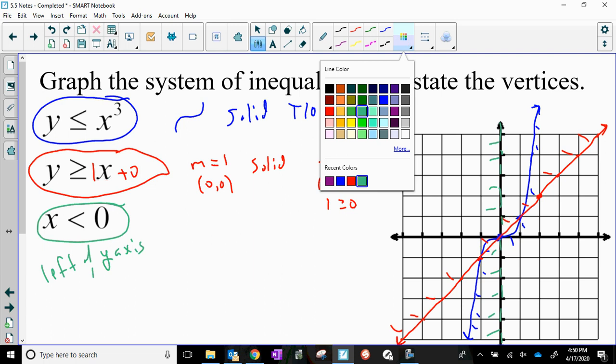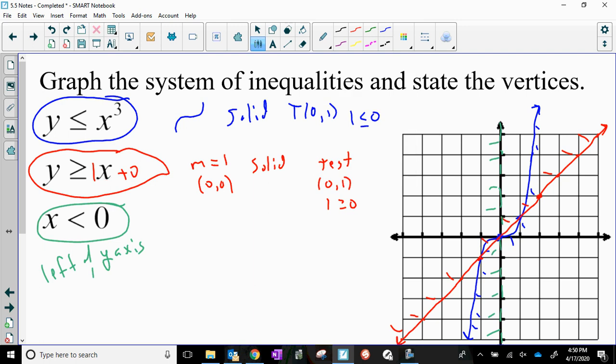So my final region that I'm going to shade has to be purple, or it's going to have to be the red, the blue, and the green. So that would be this little tiny piece right in here, with a vertex at 0, 0, another vertex at negative 1, negative 1.